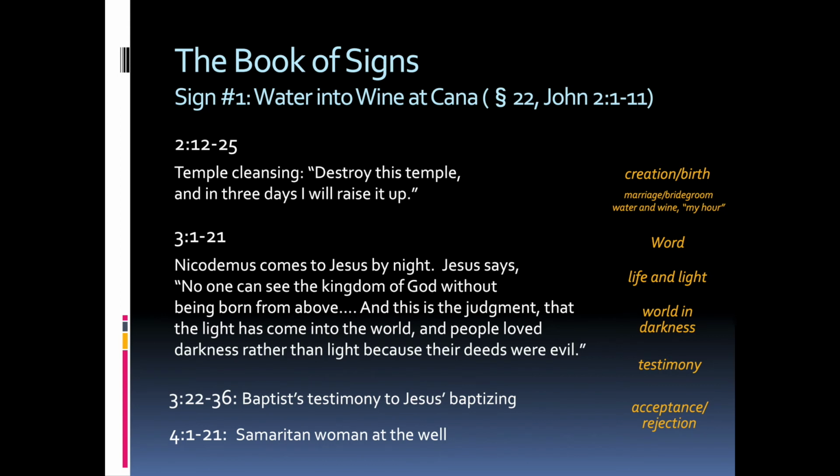And of course, that's the aim of this whole gospel, to reveal little by little the glory of the Christ. That will culminate in the book of glory, but already we see that dynamic building here in the aftermath of the first sign at Cana in Galilee. So the creation and birth motif figures prominently, as well as testimony and life and light. These themes are repeated over and over again.